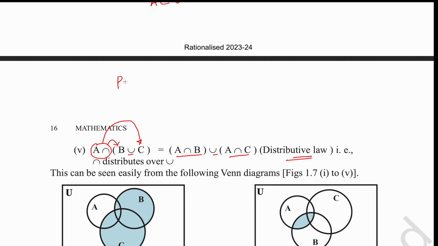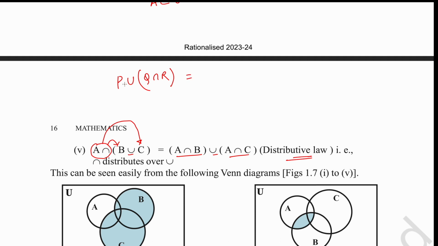Just to make it strong for you, these two symbols, this union and intersection, can be interchanged as well. That means here we have distributed intersection on the union of two sets. We can also distribute union on intersection of two sets. So for example, if you have P union Q intersection R, in this case, this union will be distributed over Q and R, keeping this intersection as it is.